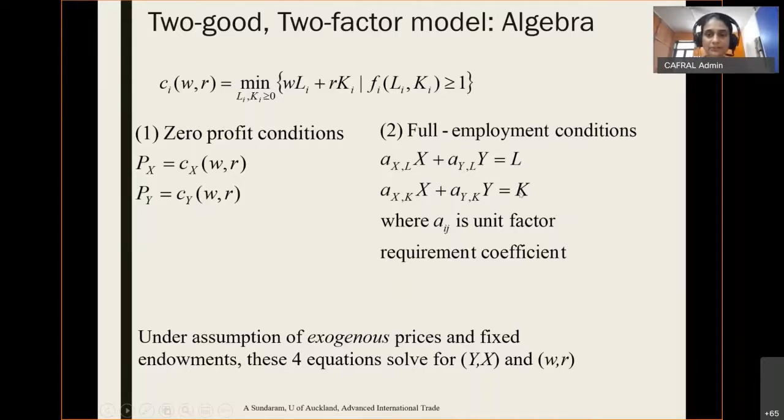And similarly for capital. Okay. Now, once I have these two sets of conditions, they are going to give me X and Y. So I'm going to be able to solve for X and Y from the second set of employment conditions.